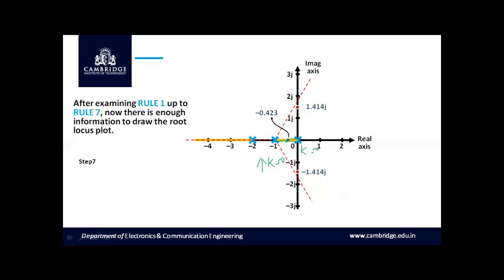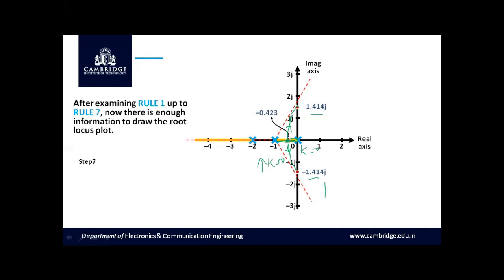Once the breakaway point occurs, we know that these branches will break away and move from the real axis into the complex plane. Similarly, the pole at 0 also breaks away and enters the complex plane. And with respect to the final rule number 7, when we keep on increasing the value of k, the locus will intersect exactly on the imaginary axis.